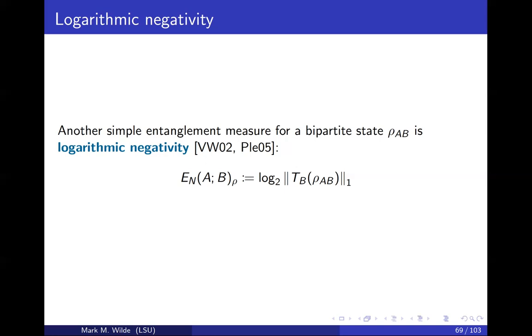And the same is true for a PPT state more generally. And so what happens is that if the partial transpose leads to a negative eigenvalue, taking the trace norm will register that, and you'll get a value greater than 1, and the log of that will be greater than 0. And so it measures kind of like how different you are from being a PPT state.